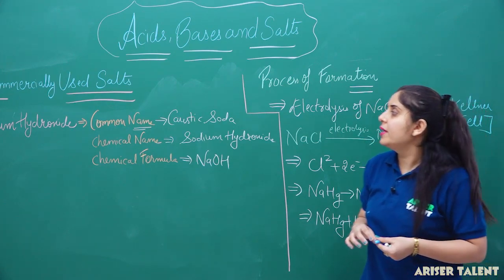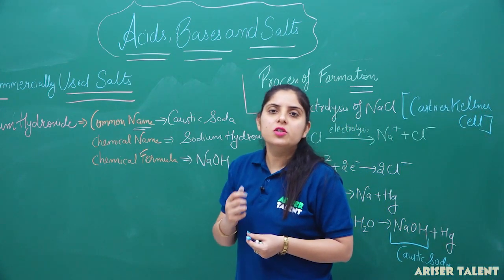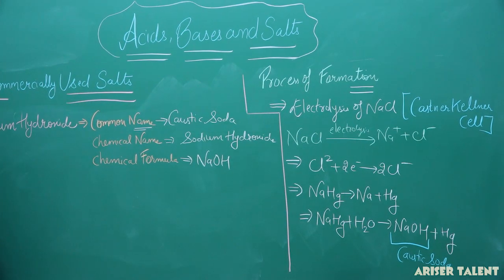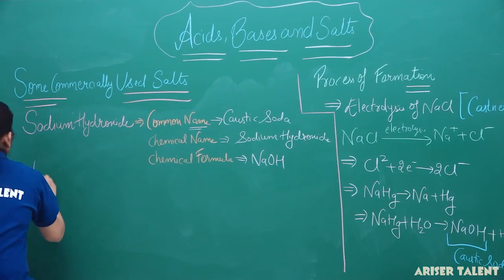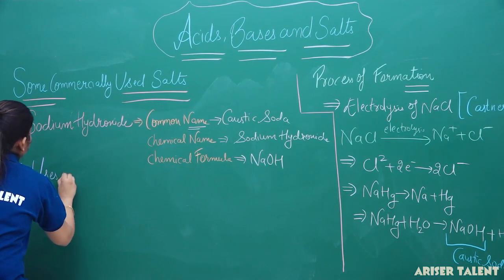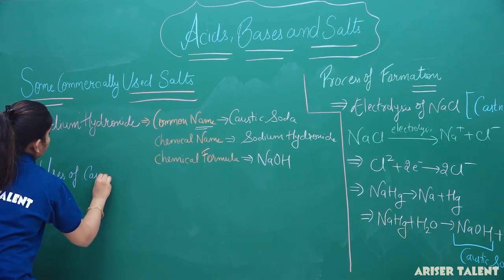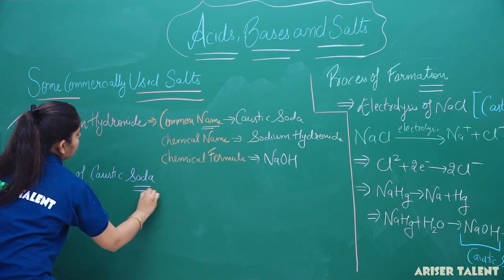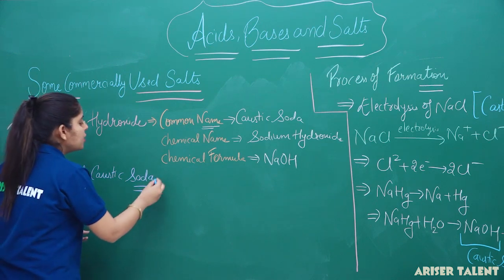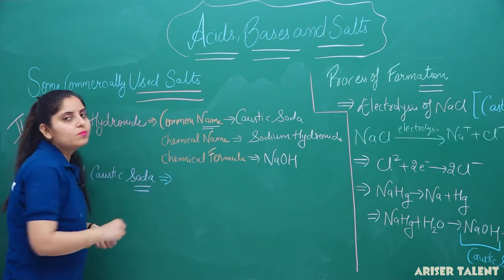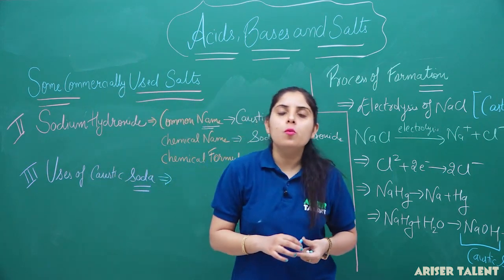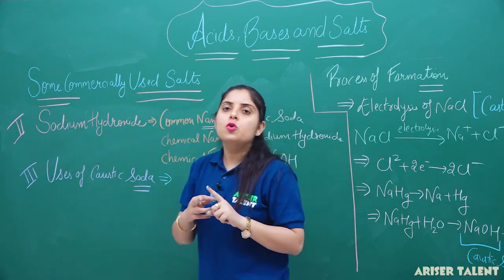Now we are moving to our next topic, what are the uses of this compound. So our third topic is uses of caustic soda. Its first use is basically in the preparation of soap, paper and pulp.